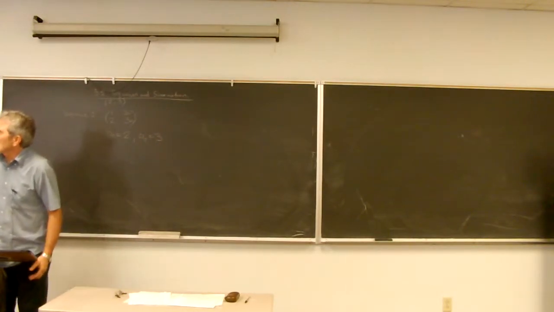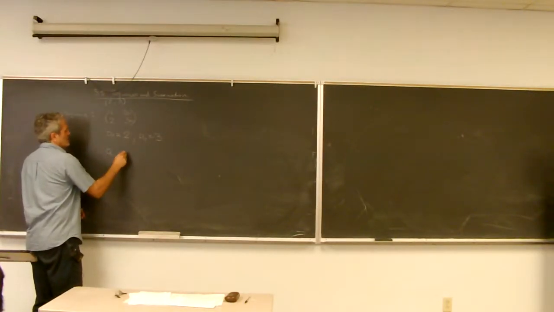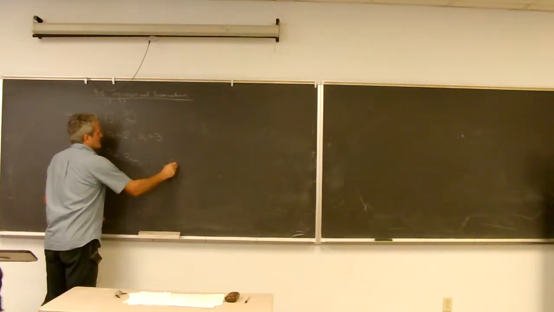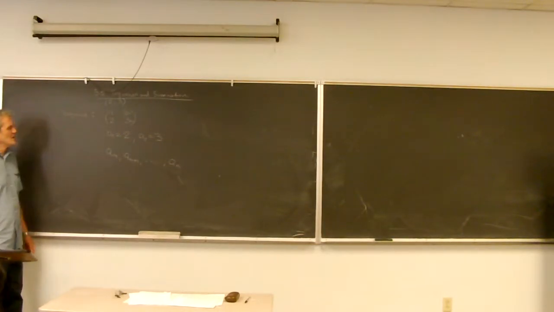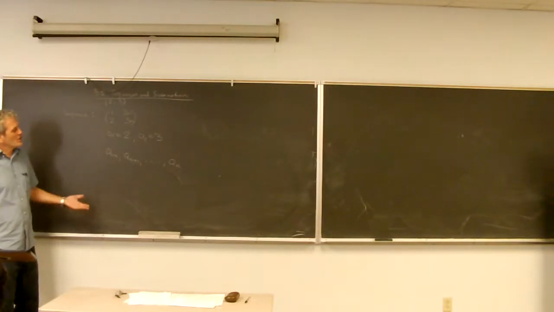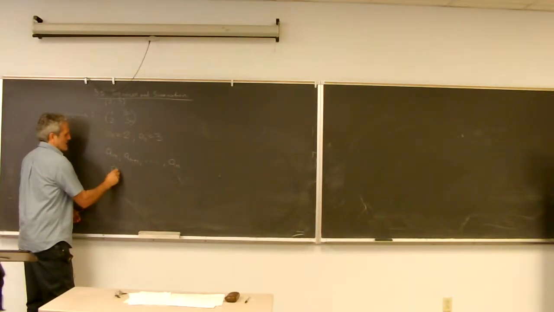So generally, we had the following sequence: A_m, A_{m+1}, and so on, and at the end we have A_n. So sequences do not need to start with A1. They might start with some other member, and then they can have different lengths. So for example, we'll say the following.